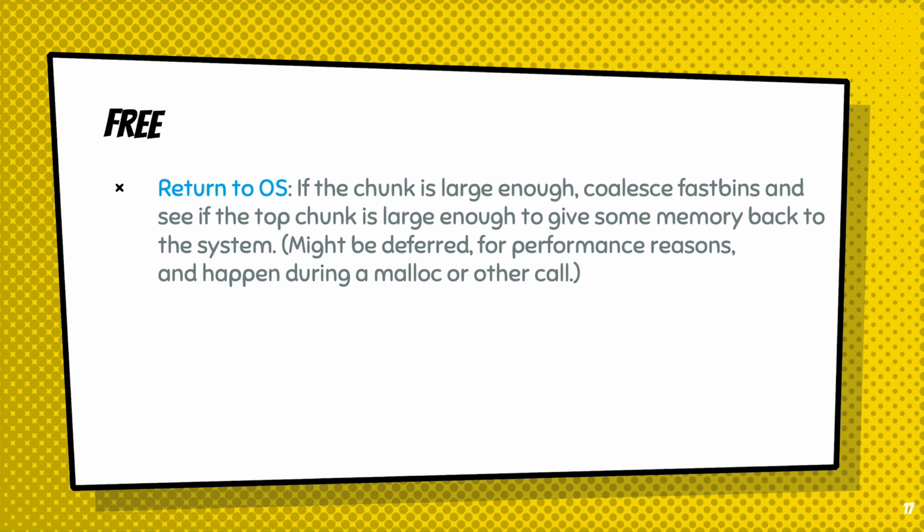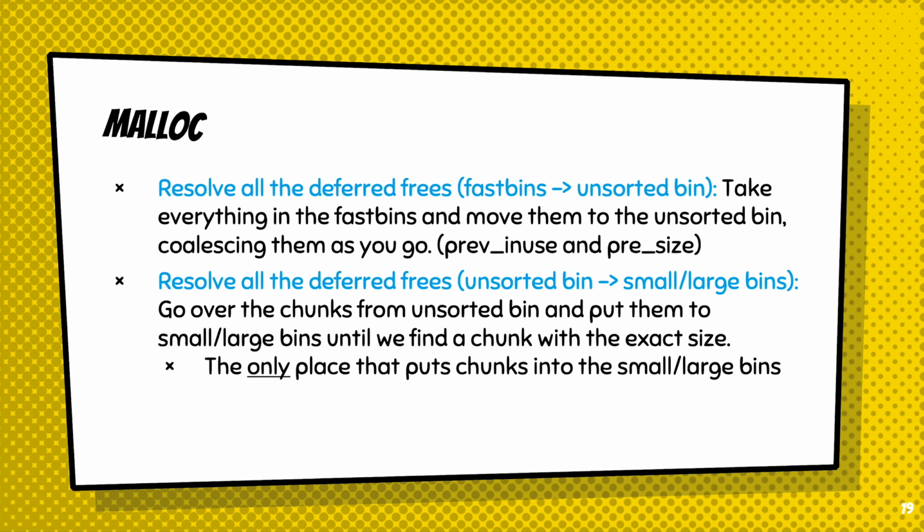But we are not going to deal with it until there is a malloc that needs us to resolve the deferred work. So this is kind of like lazy coalescing, or lazy merging, lazy cleaning up, putting that into the small and large bins. So at this point, we're going to resolve all the deferred work.